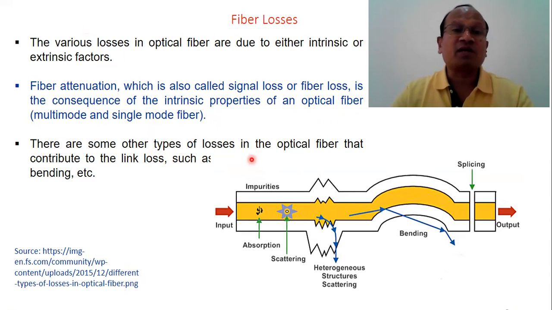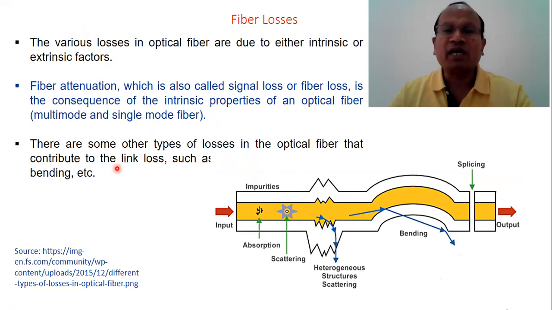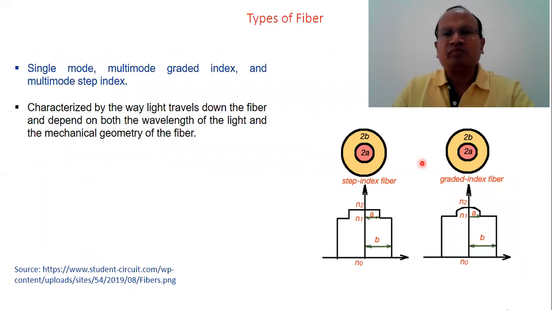There are some other types of losses which are related to link loss, bending loss. There are other factors which also cause some losses, which are attributed to extrinsic losses. But since the focus of this lecture is on dispersion losses, we will focus on dispersion losses only.